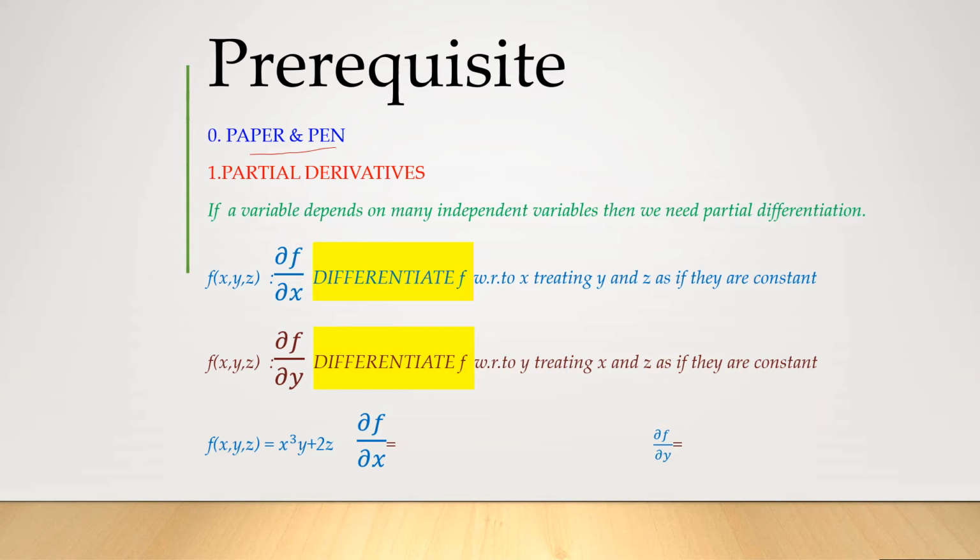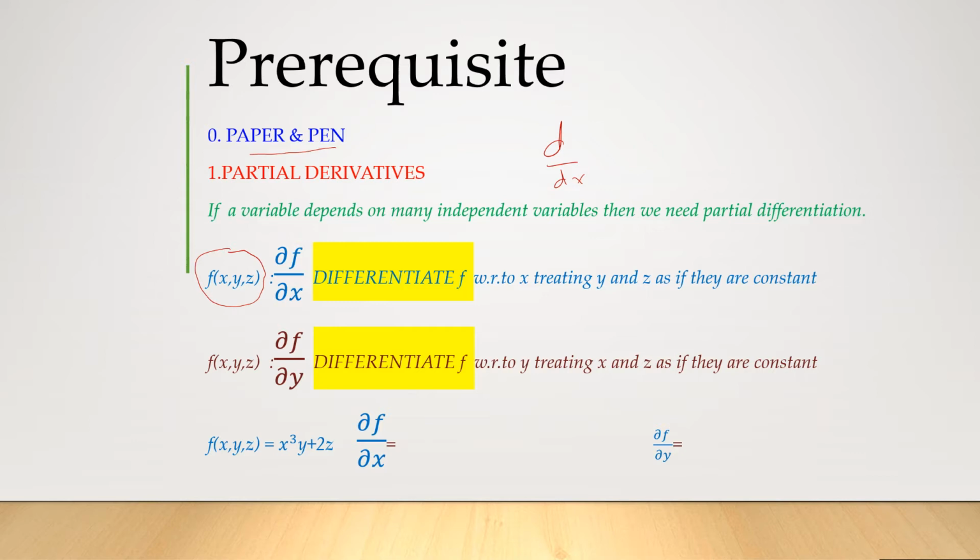Now coming back to concept of partial derivatives, what it is telling, if you take a function which depends on now three independent variables x, y, z, then we will differentiate partially. These symbols are different from d by dx. They are called dou f by dou x.